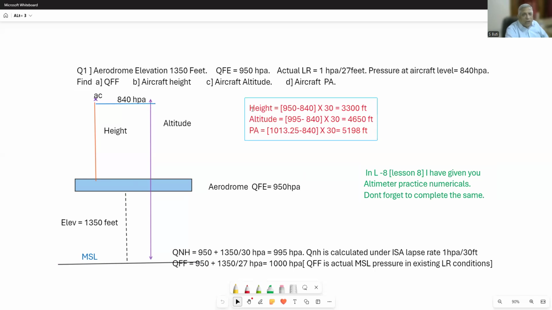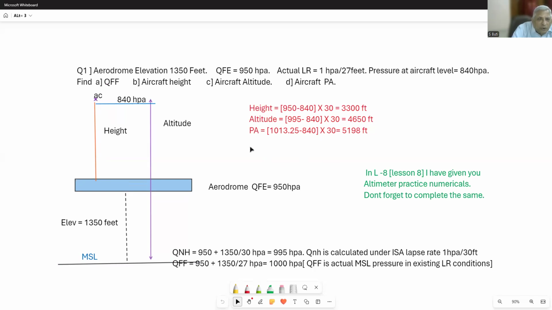He wants to know what is the height. Height is from here to here. QFE minus the ambient pressure into 30 is your height. QNH minus the ambient pressure into 30 will be your altitude.